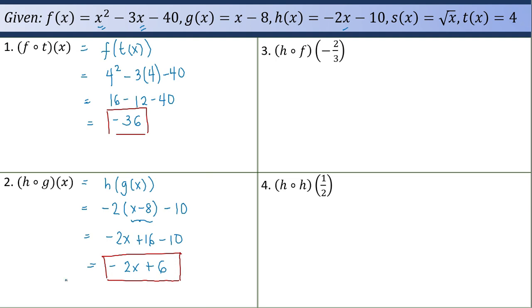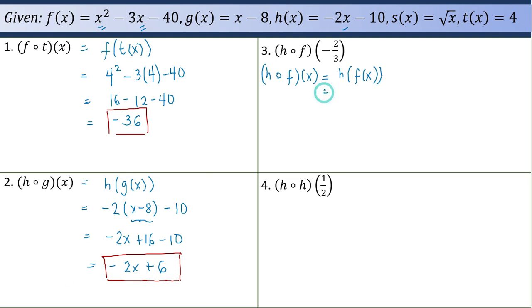We are given h circle f of negative 2/3. Para masagutan natin yan, kunin muna natin ang h circle f of x. Okay?